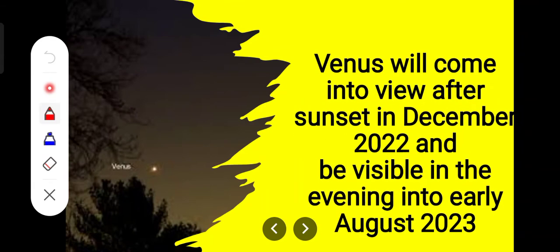But when will Venus appear again in our planet? Venus will come into view after sunset in December 2022 and be visible in the evening into early August 2023. So, Venus will appear again in December 2022 and August 2023.